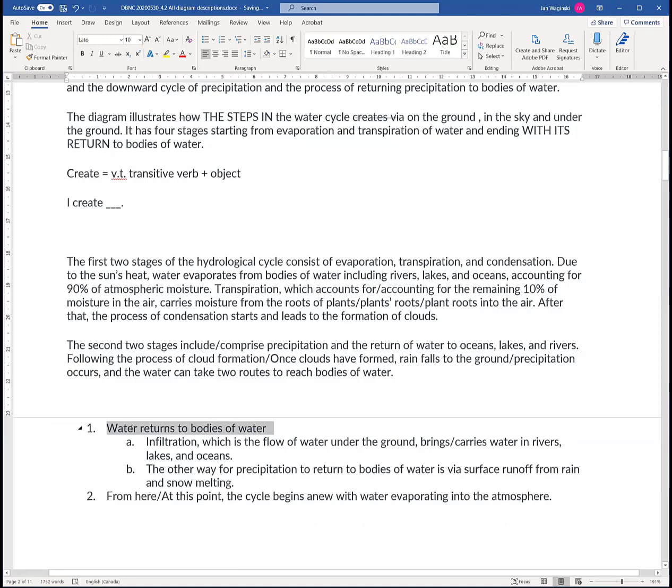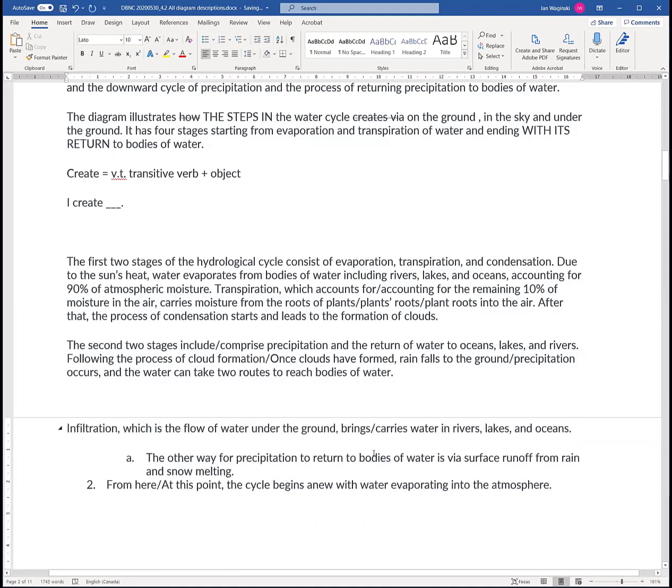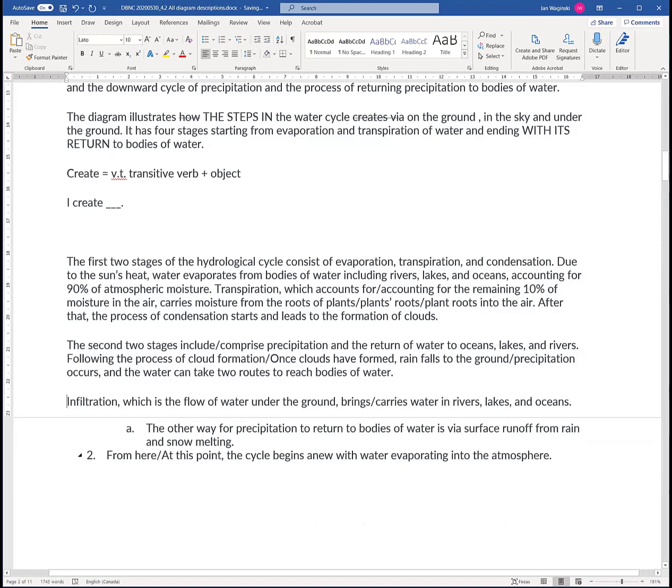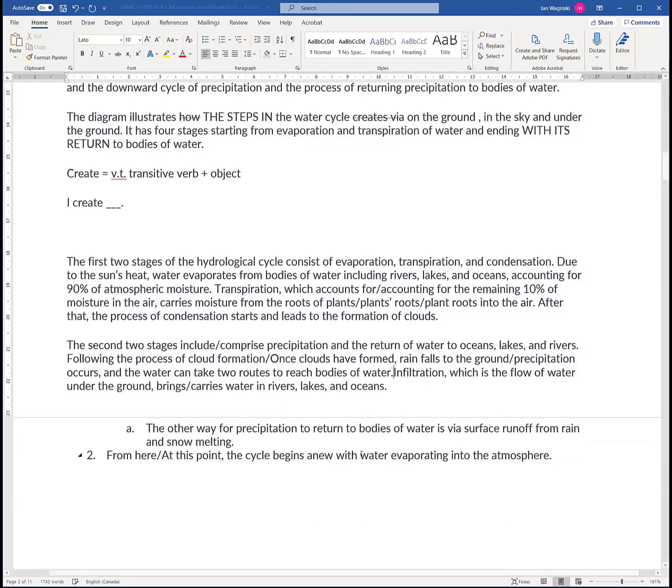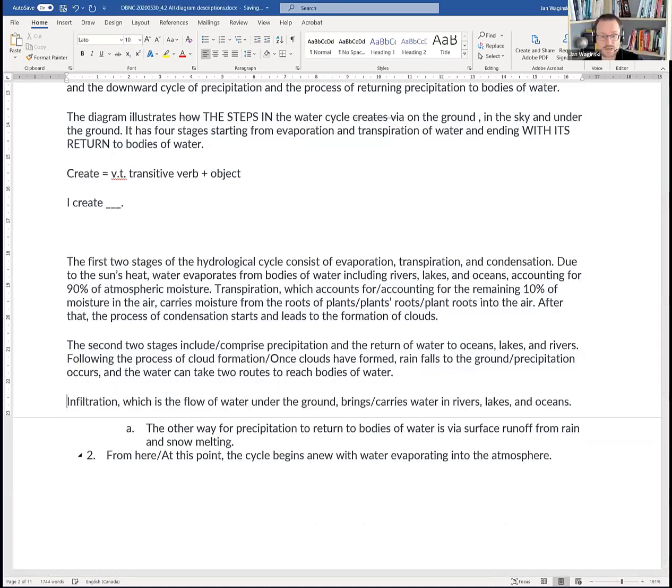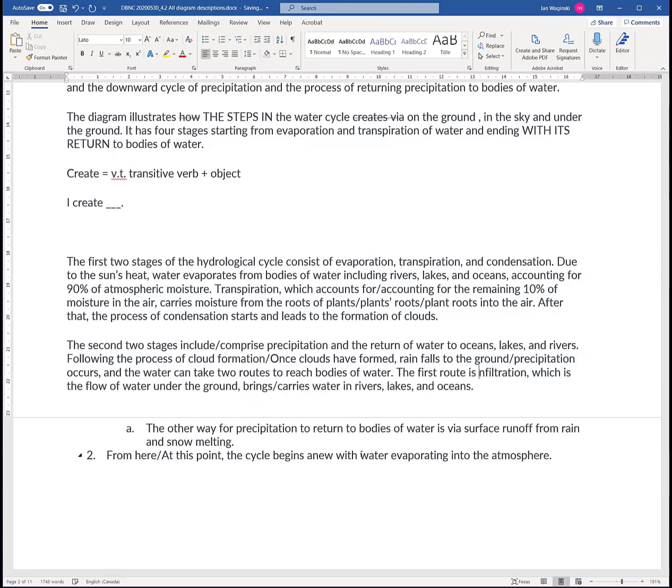So we need a transition. The first route, we've got two routes. So the first route is infiltration, which is the flow of water under the ground.